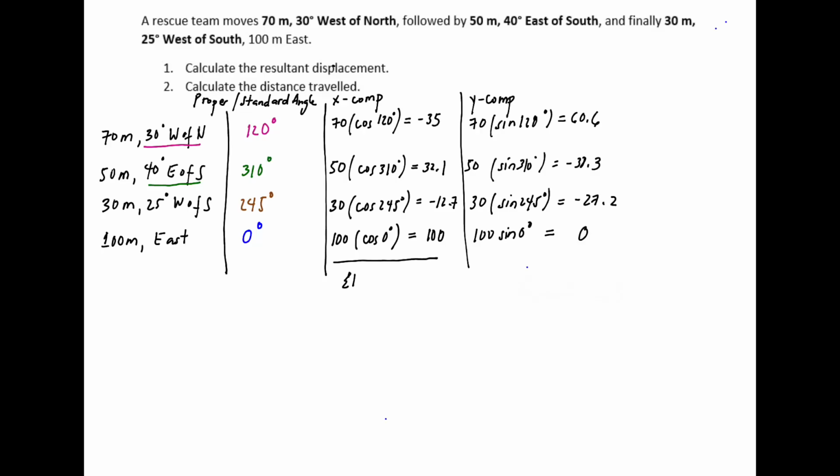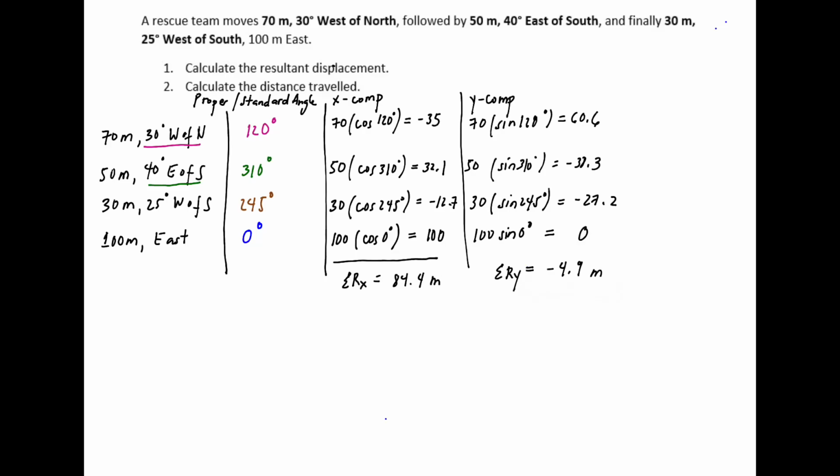So we have here the Rx, instead of F, and the sum here is 84.4, and the sum of the Ry is equal to negative 4.9. Take note that the units of all of this is meters.